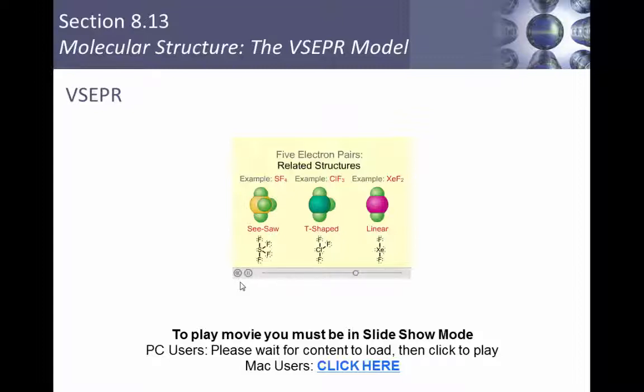When two of five electron pairs surrounding the central atom are non-bonding pairs, as in chlorine trifluoride, the resulting structure is known as T-shaped. When three of five electron pairs surrounding the central atom are non-bonding pairs, as in xenon difluoride, the resulting structure is known as linear. Lone pairs of electrons take equatorial positions preferentially.